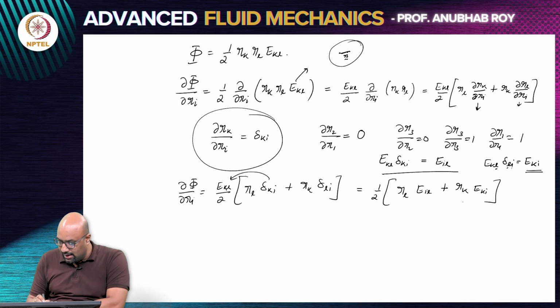Now, if you look at these two objects, one of them is in bold notation E dot R, right? E_il into R_l. The contraction is with the outer index of E. So, it is E dot R. Now, here this is R dot E, because the contraction is with the inner one.